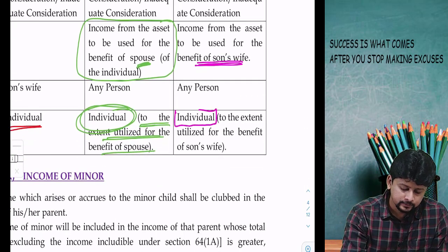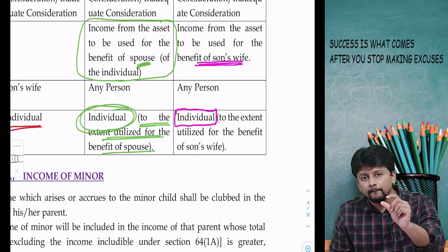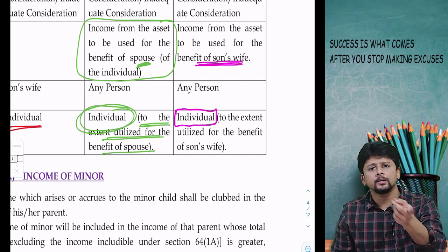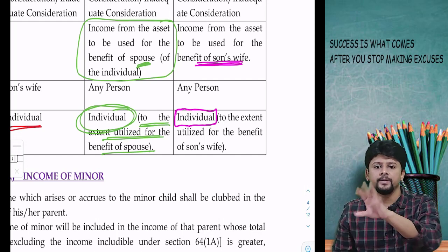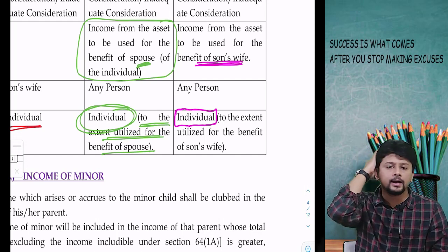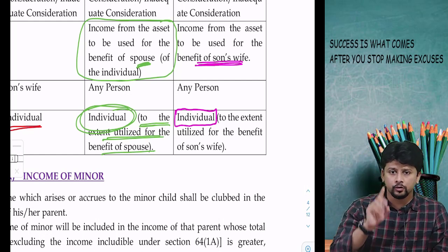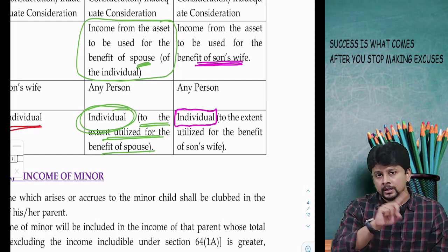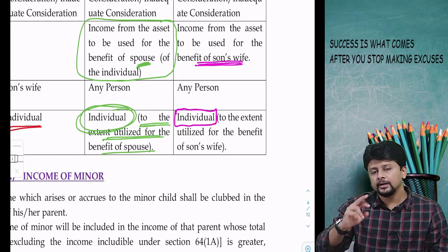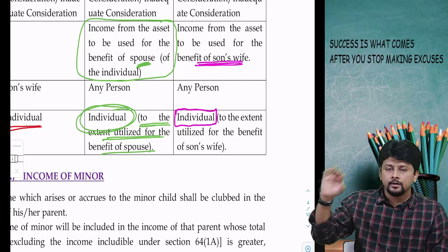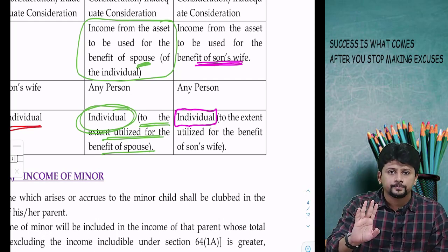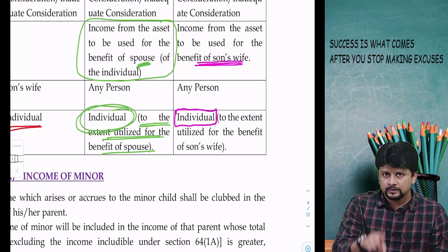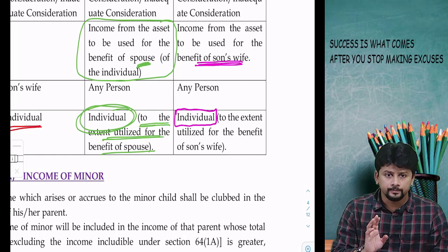The individual will pay tax on that portion of income which is being used for the son's wife every year. It is that income which will be taxable for the individual, balance income will be taxable for that transferee, that any person. So clause 4 spouse, 7 indirectly spouse, 6 son's wife, 8 indirectly son's wife. Everywhere the person paying tax is the individual. In clause 4, house property is not covered. In 6, 7 and 8, house property is covered.